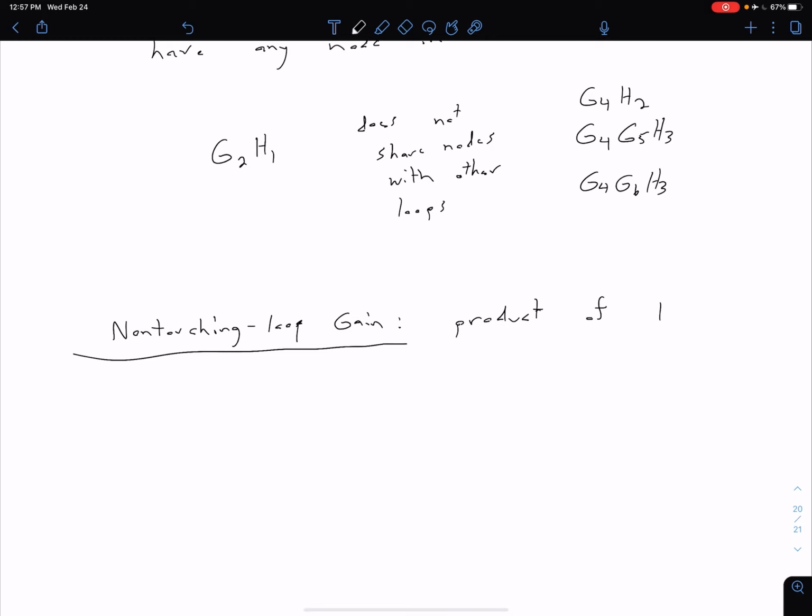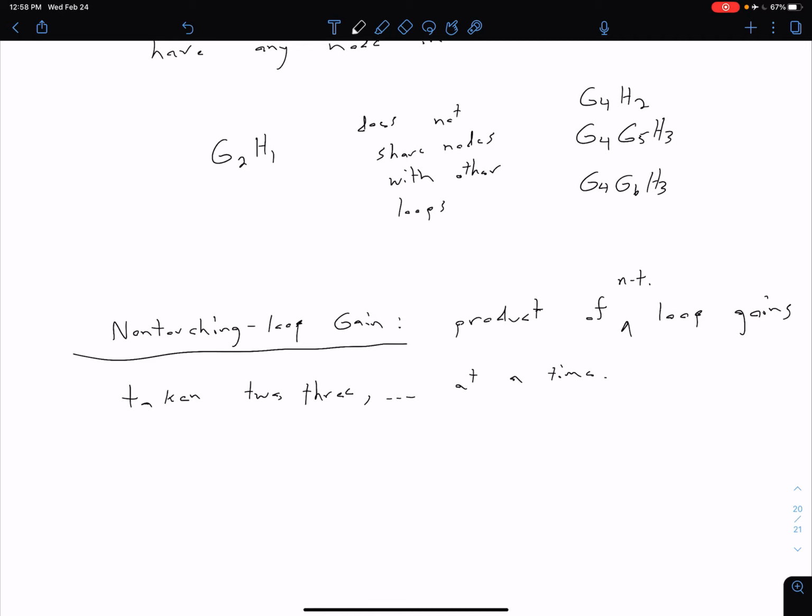So the product of our non-touching loop gains, taken 2, 3, 4, etc., at a time. In this system, we can only do 2 at a time, but for more complicated systems, we'll have to worry about that.